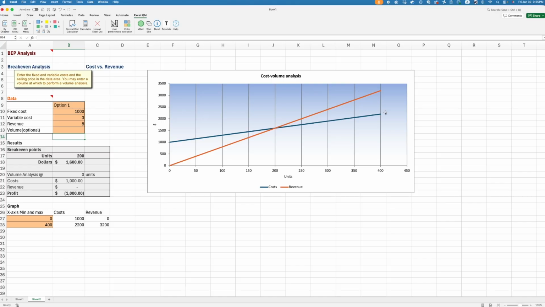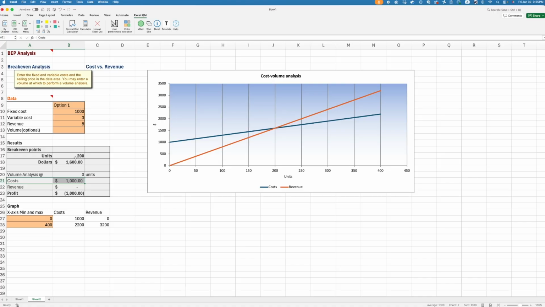Now if you look at the graph, it tells you where the revenue and cost meet. The break-even point is at 200 units. You can find the break-even point information here. Look up here: the function that we already showed in the slide is formulated here, and it automatically calculates everything for you.